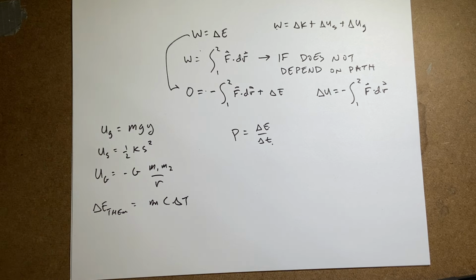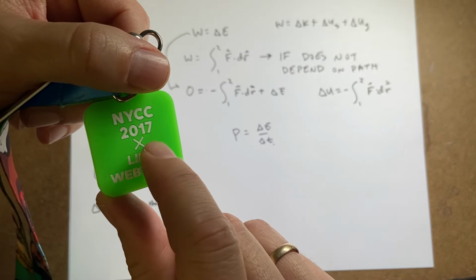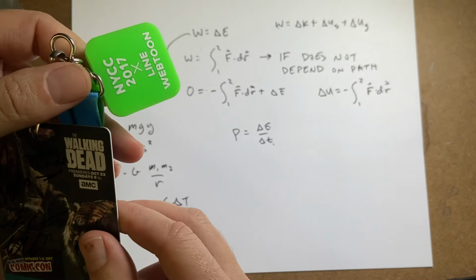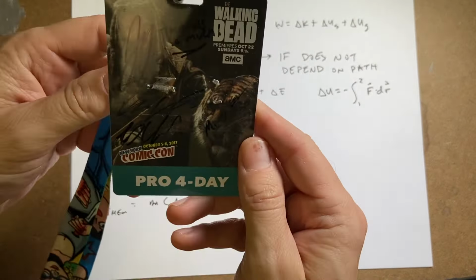I don't know if this really helps, if you like this breakup thing, but I'll show you this. See, there's the hint right there. This is New York Comic-Con 2017, and this is my 4-day pro pass, signed by, I can't tell who all signed it. I know that it's John Lung, Brian Loudon, and I can't remember their names right off the top of my head.